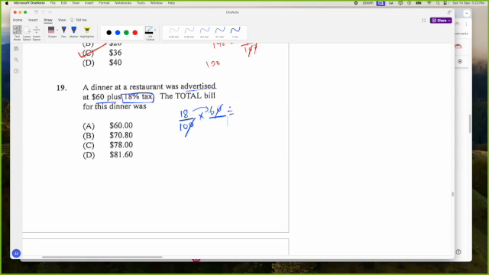Yes, I use my calculator, right? 6 eights are 48, and then 1 6 is 6, and 4 is 10, all over 10. So that means that I had to pay $10.80 tax. So if you add the $60 plus the $10.80 tax, I'm paying $70.80 for this thing with tax.